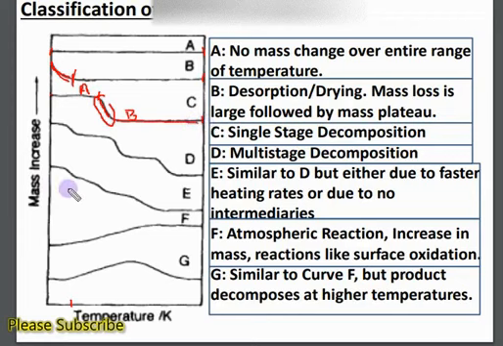If you look into curve D, there are multiple steps, and each step indicates a decomposition of the substance, and after each decomposition we obtain a new product, a new material.